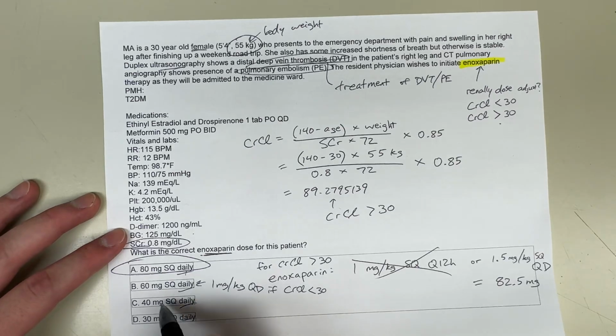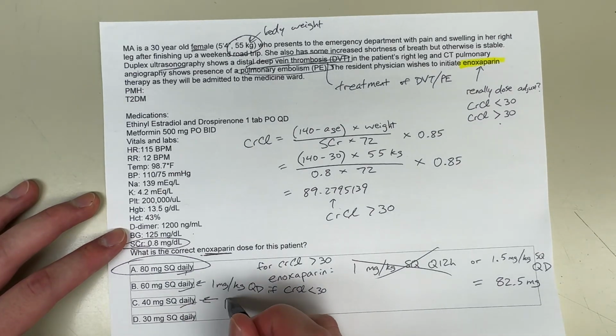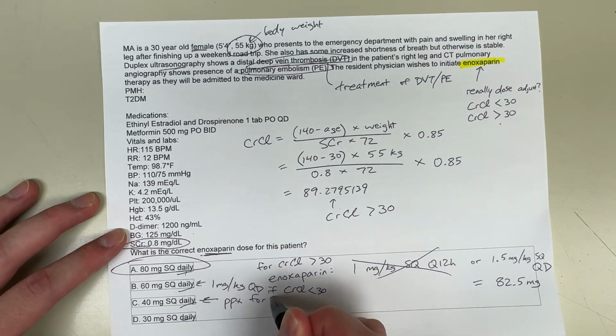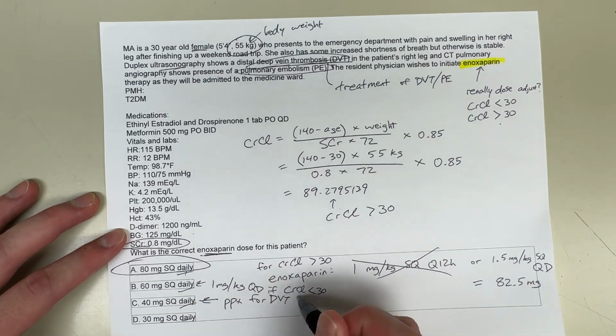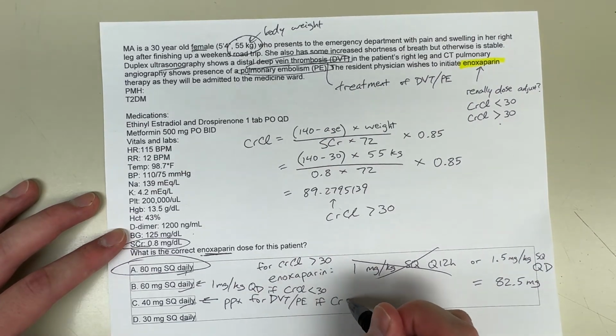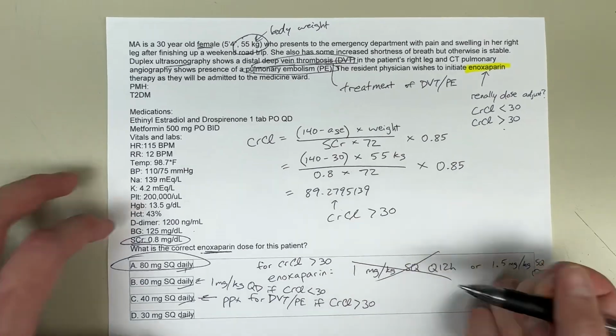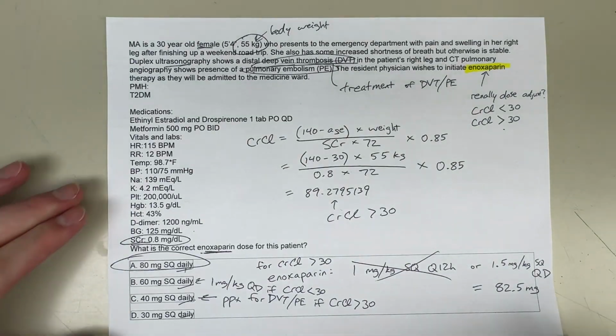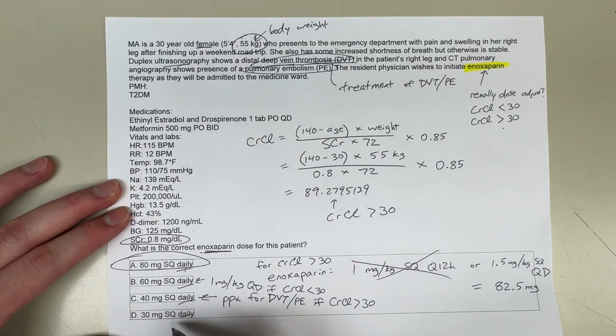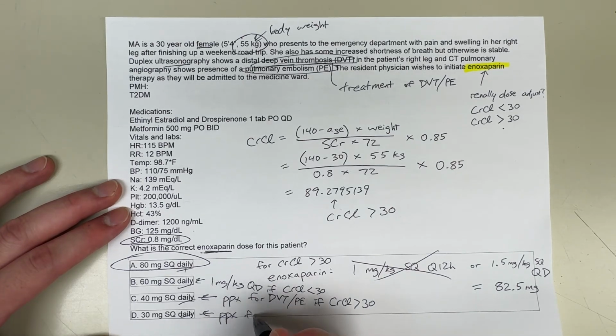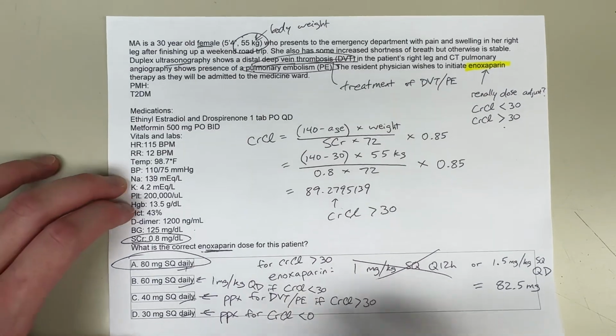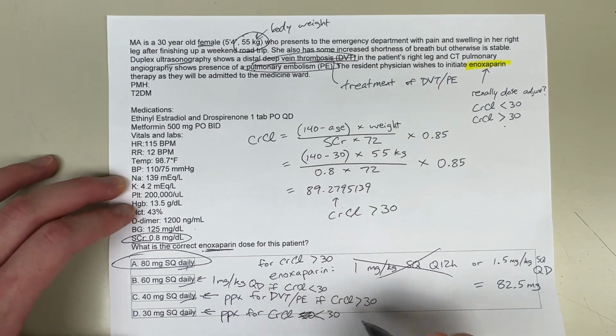And then this 40 milligrams sub-Q daily is actually prophylaxis for DVT or PE if your creatinine clearance were greater than 30. And this answer choice, 30 milligrams sub-Q daily, is the prophylaxis for creatinine clearance less than 30 for DVT or PE.